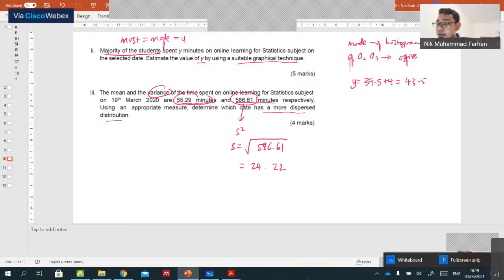Alright. You nak cari CV-nya adalah 24.22 kita bahagi dengan 55.29. Kita darab 100. Kita dapat 43.81%.